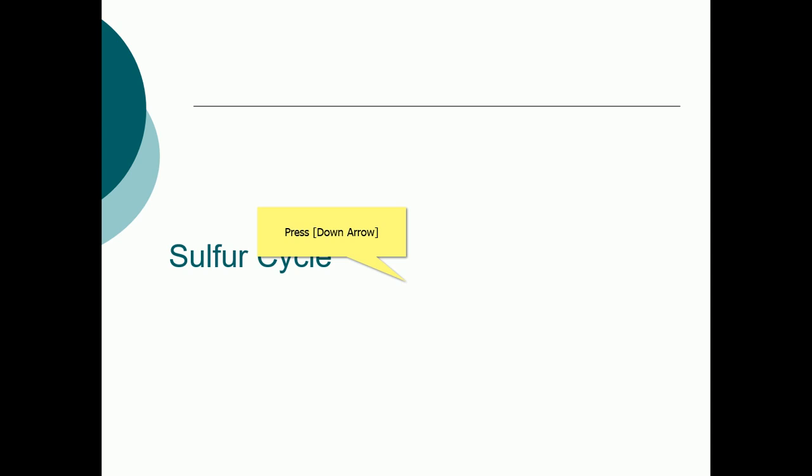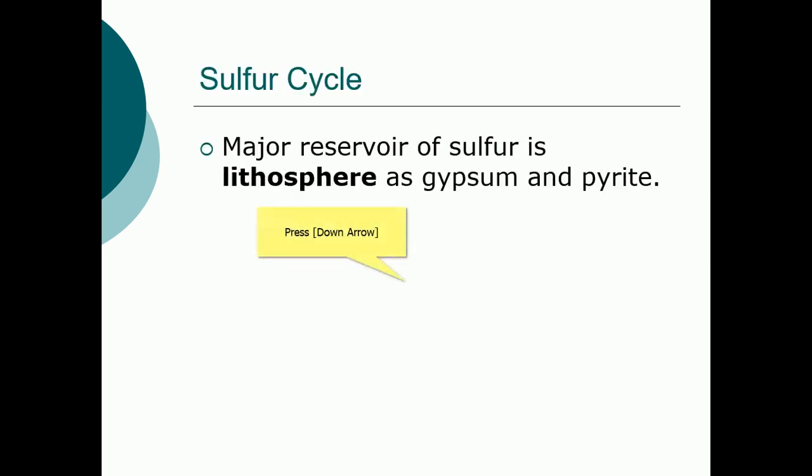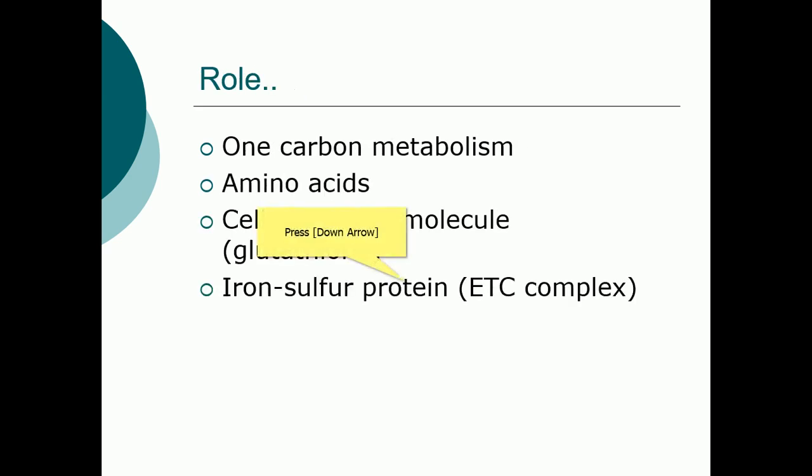And also cellular redox molecules, the well-known cellular redox molecule glutathione, the three amino acid molecule that is well known for playing an important role in oxidation reduction reactions. So you can mention quite a number of them.